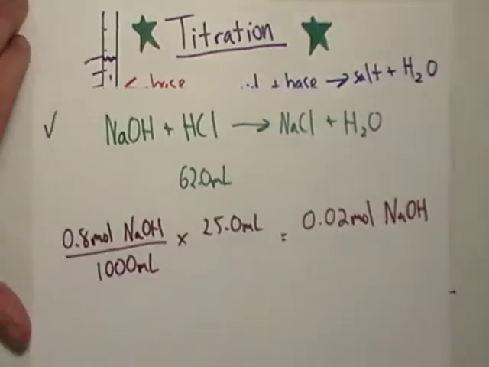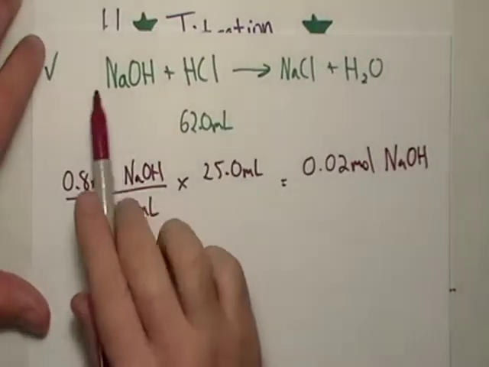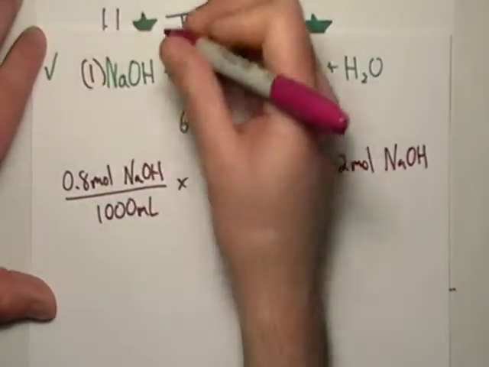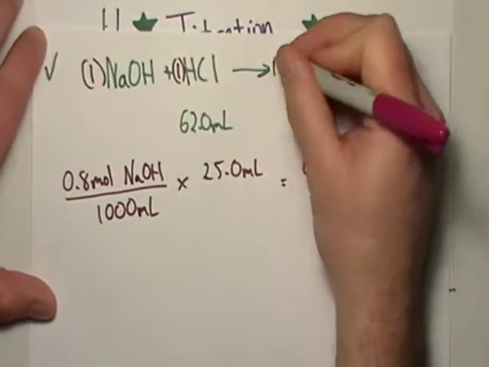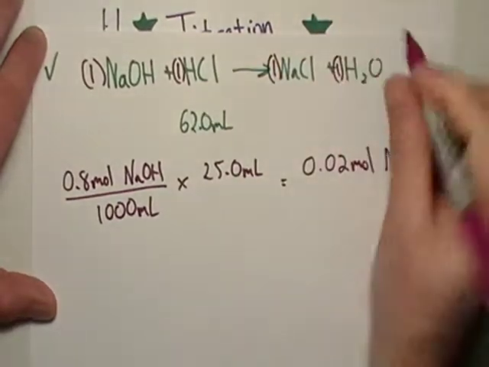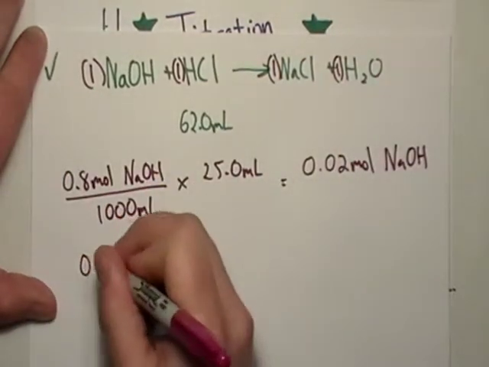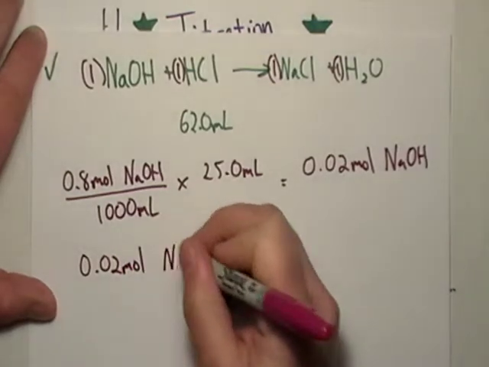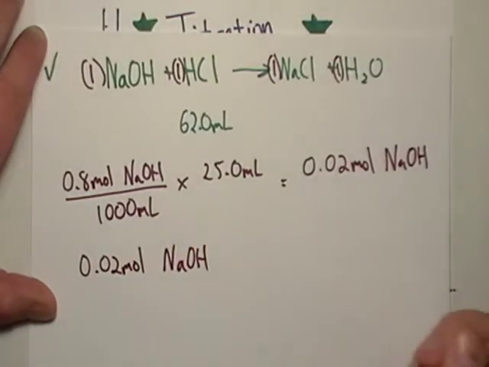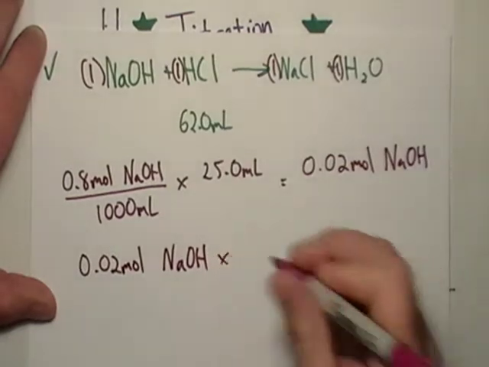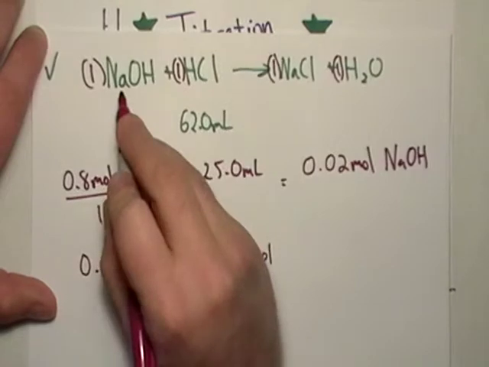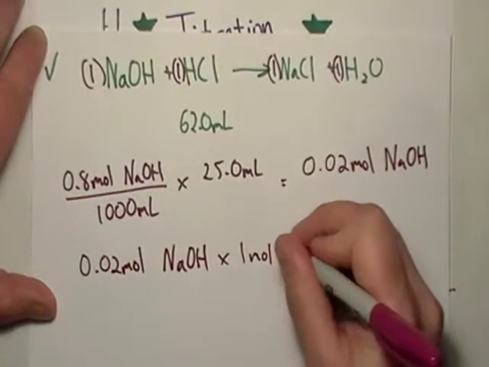Now let's take a look at our chemical reaction here. They combine in a 1-to-1 ratio. Really there's all ones in front of these, just like in math. So I take my 0.02 moles of sodium hydroxide, and I have 1 mole of hydrochloric acid for every mole of sodium hydroxide.